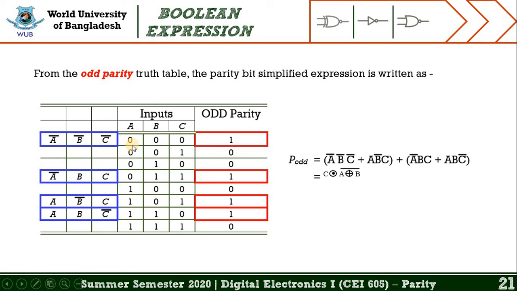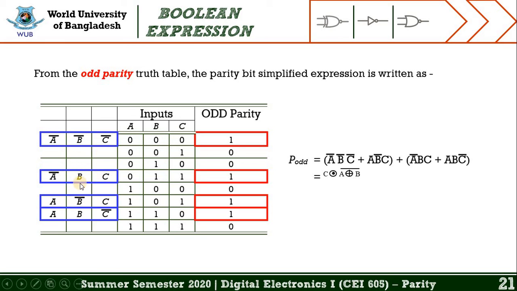Writing the Boolean expression for this row, we get not a, or a bar, not b, or b bar, and not c, or c bar. In this way the rest of the ones should be written as follows.